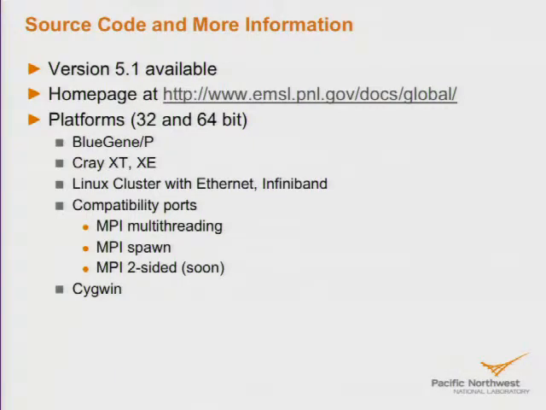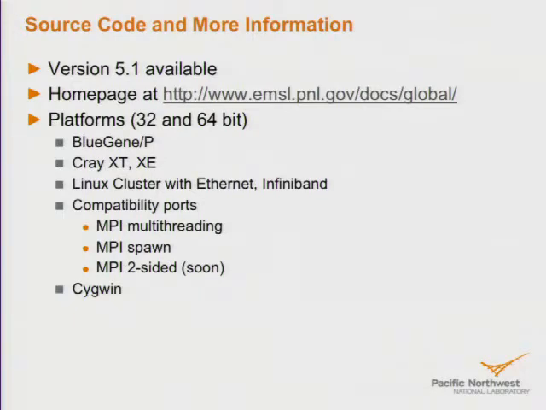This one tends to be fairly low performing because we're basically trying to implement a one-sided communication library on top of a two-sided communication library. It's not really the smartest thing to do, but this does ensure that if you have MPI two-sided on your system, you can run GA on it.